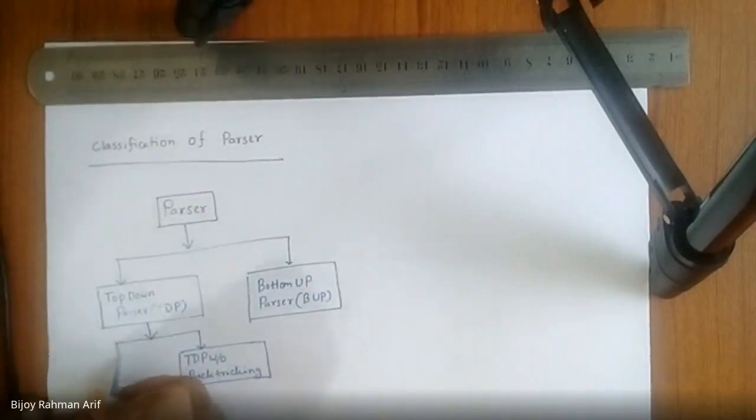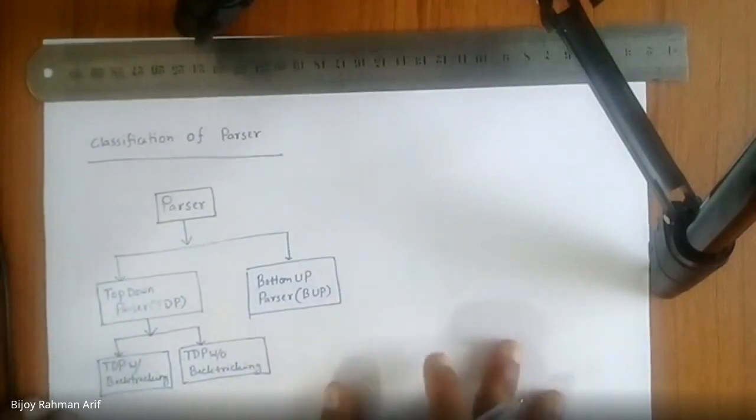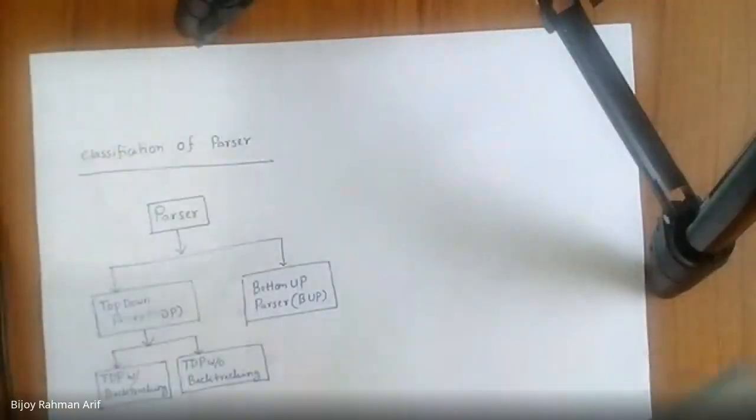Another one is called TDP with backtracking. What is the example of TDP with backtracking? Brute force parser.